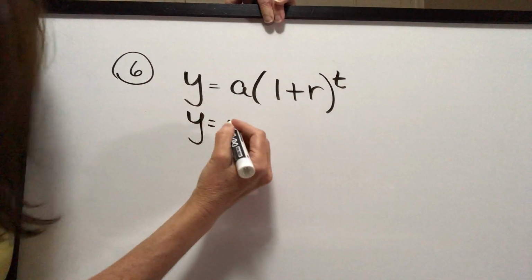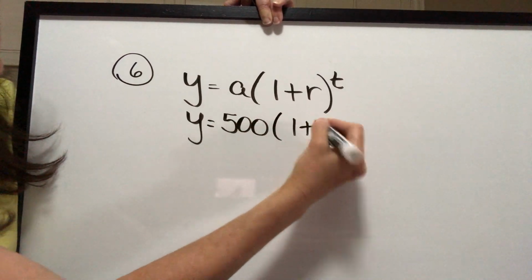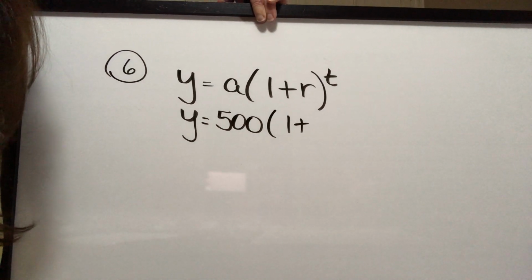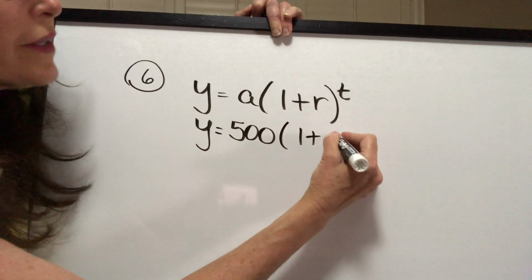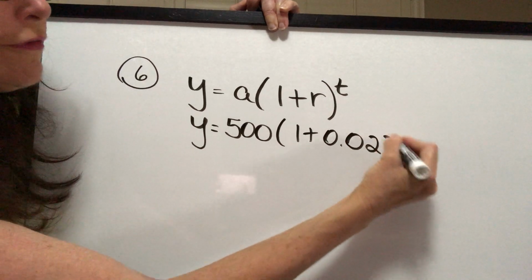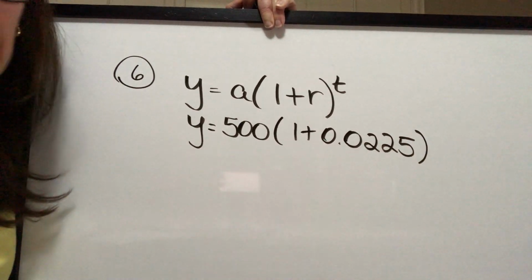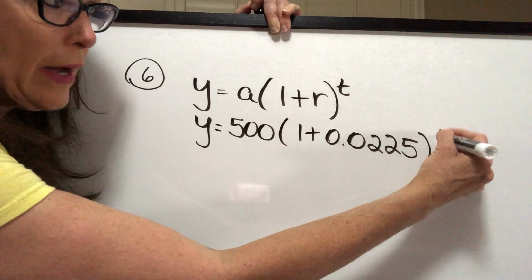So you would just put the 500 bears as the original value A. You would need to put the 2.25% here, but it must be changed to a decimal. So that would be 0.0225. I found that by moving the decimal point 2 places to the left, and then the power will be t.